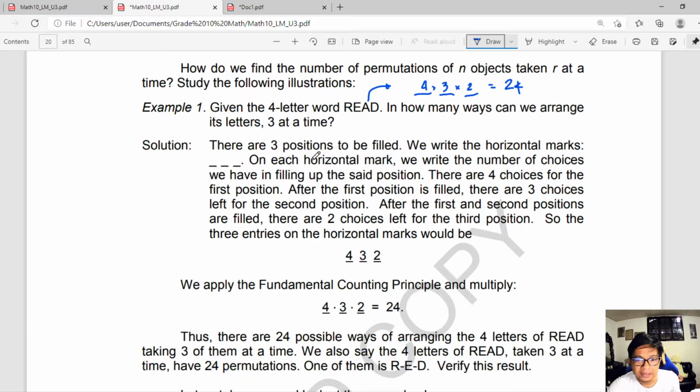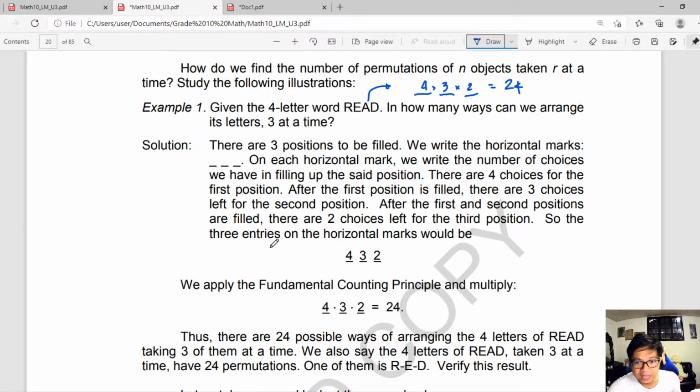Okay, there are 3 positions to be filled. We write the horizontal marks, like what we did. On each horizontal mark, we write the number of choices we have in filling up the said position. There are 4 choices for the first position. After the first position is filled, there are 3 choices left for the second position. After the first and second positions are filled, there are 2 choices left for the third position.